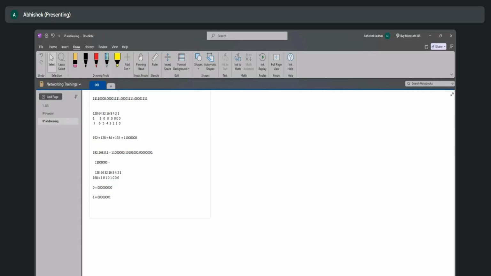And then we have 1 2 3 4 5 6 8. So this is how you convert an IP address into binary, and this is what the computer will understand. So this is how the computer will understand, okay, this is 192, this is 168, this is 0, and this is 1, because this is how the computer understands the languages.